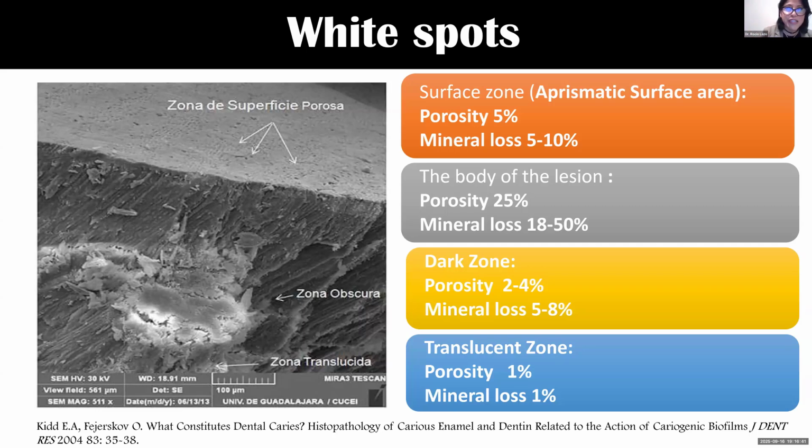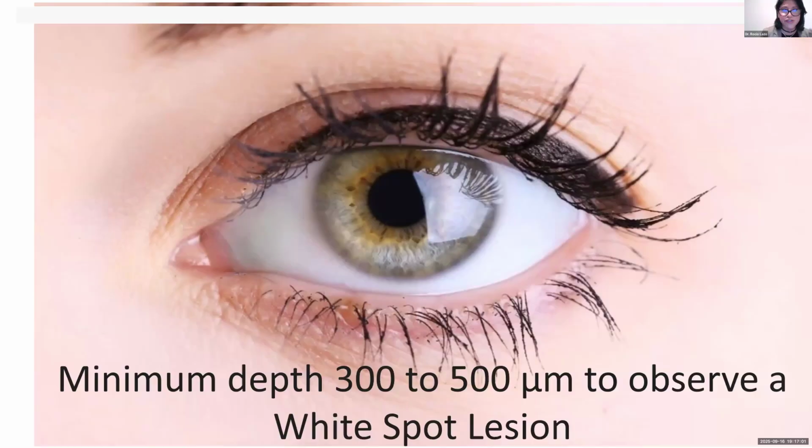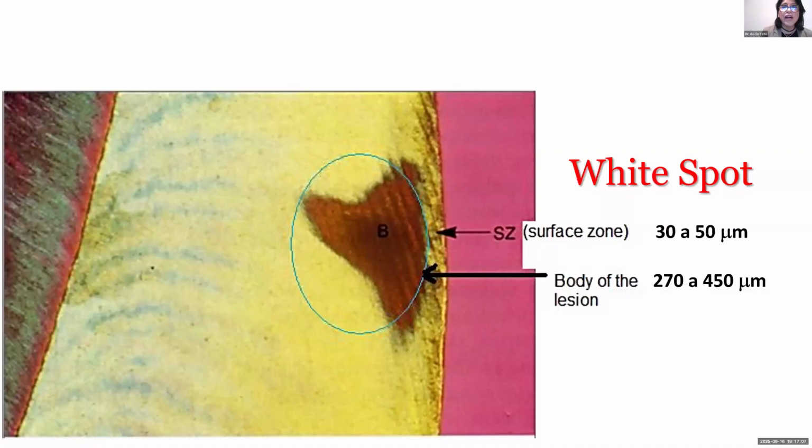If you lose minerals in the body of the lesion, you will see the white spots. But if you give minerals to the body of the lesion, then you are not going to see any white spot in the surface zone. So it's important to find materials that give minerals to the body of the lesion. What is the depth of a white spot? 300 to 500 micrometers.